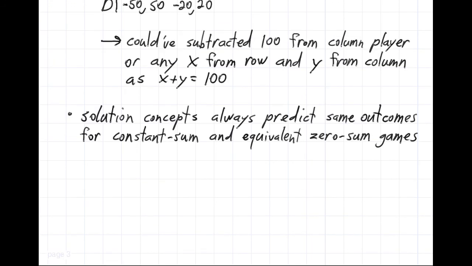So we've looked at two different ways of writing or interpreting a simplified payoff matrix. It could be a symmetric game or a zero-sum game. For the purposes of this course, let's establish a convention.